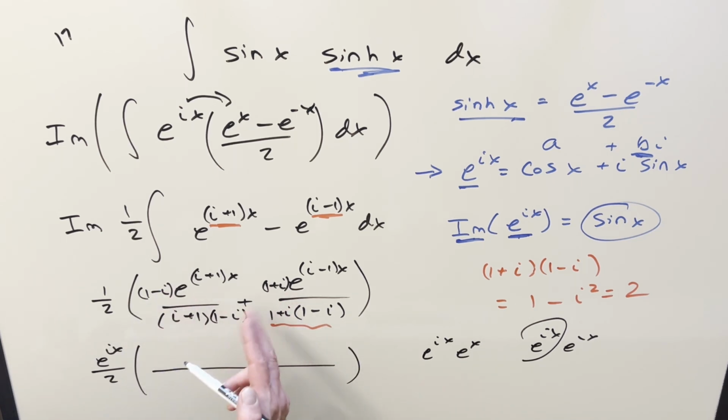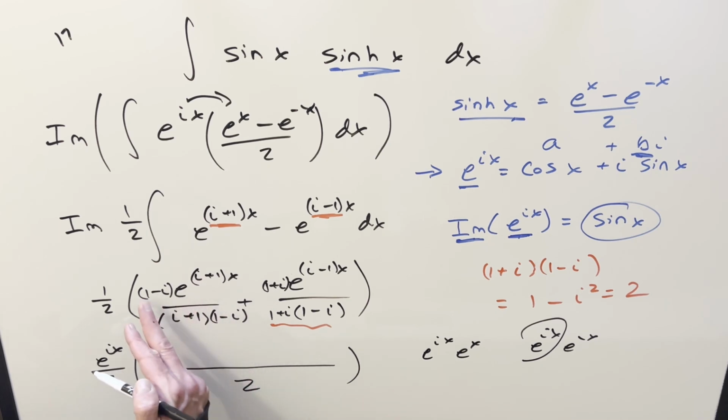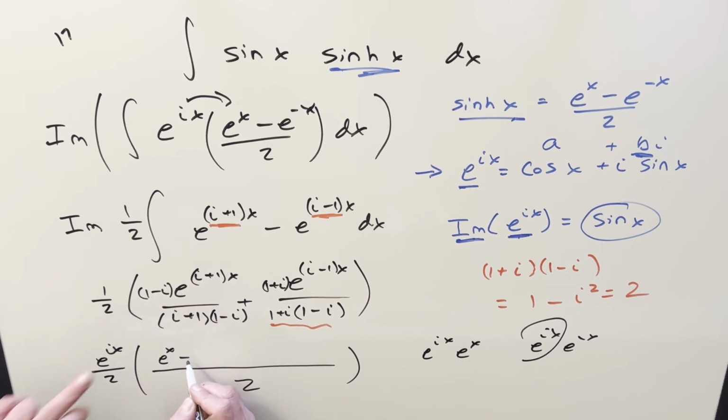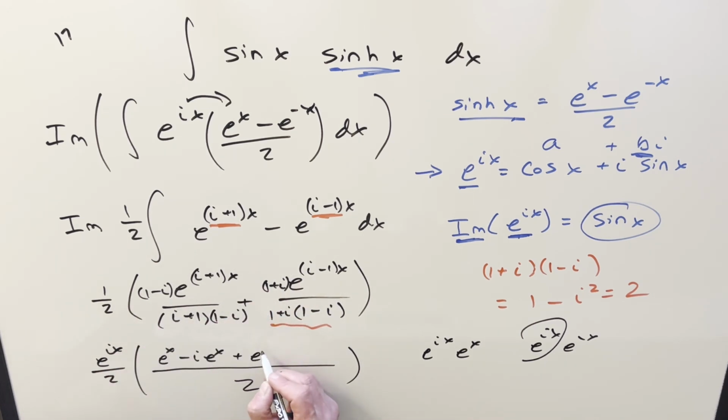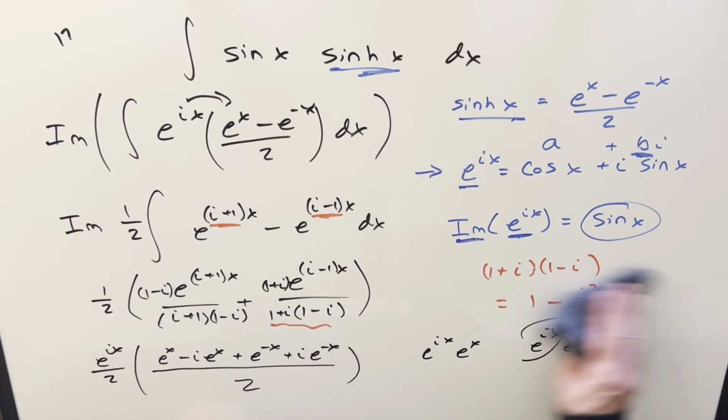And then with everything else, I'm going to distribute it out. We're going to get an e^x times (1 minus i) from this term. Here we're going to have an e^(-x) times a 1, so plus e^(-x) and then plus i e^(-x). Let me clean it up and we'll try to simplify this thing and see if we can finish it.